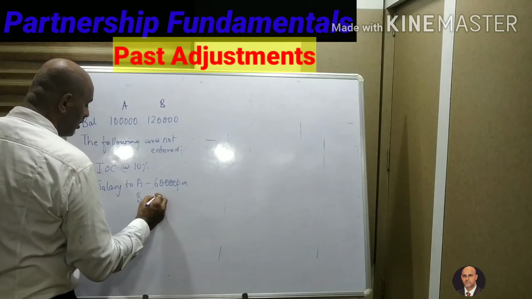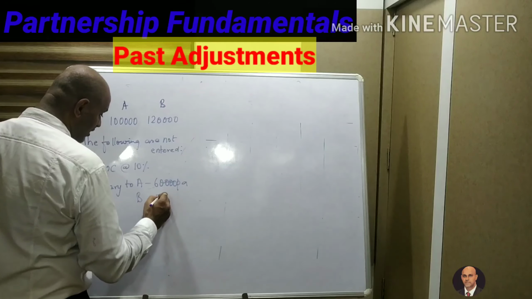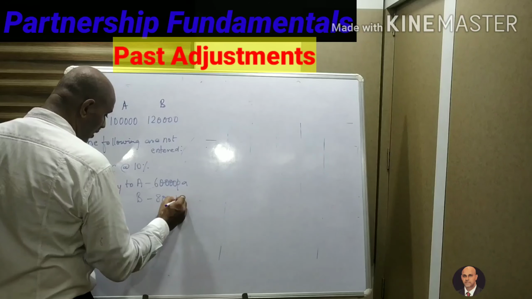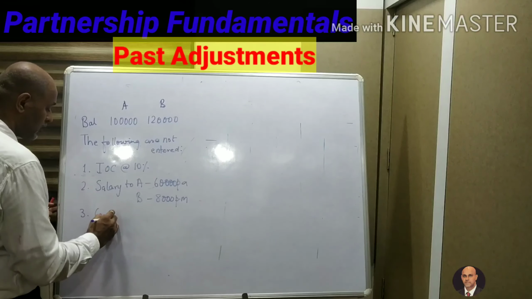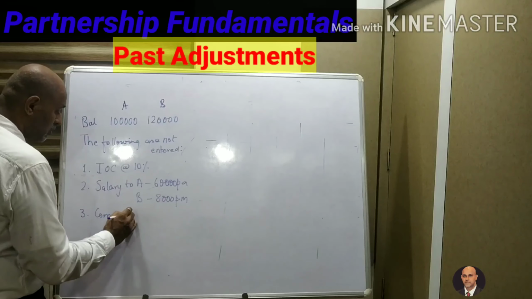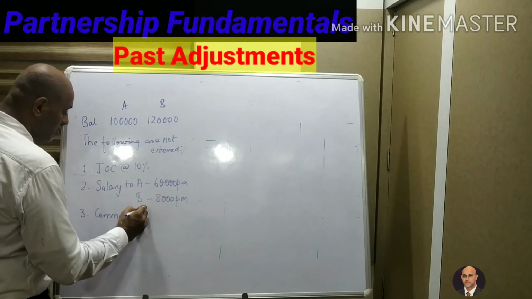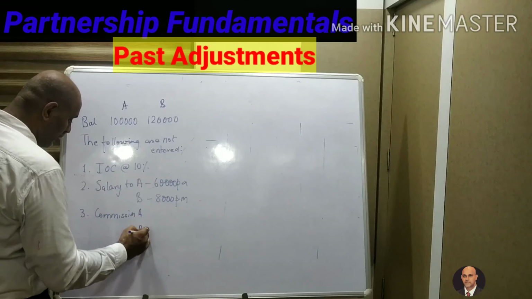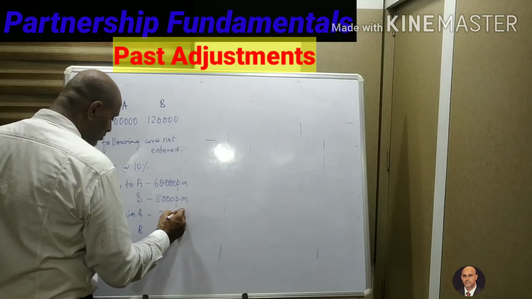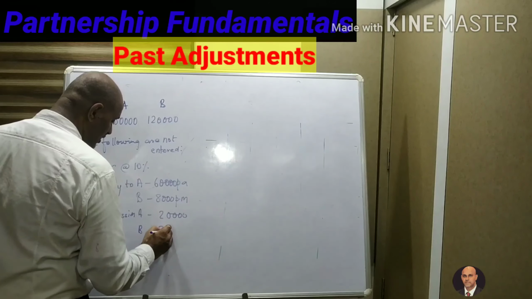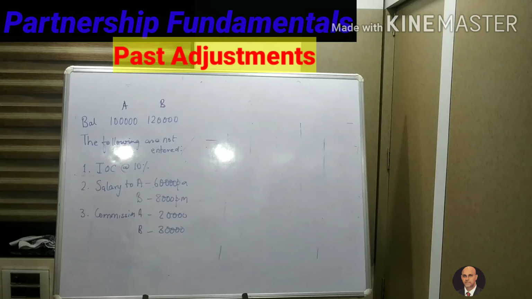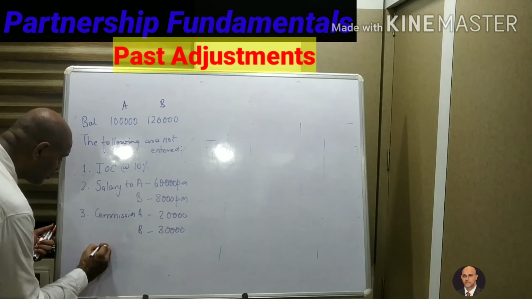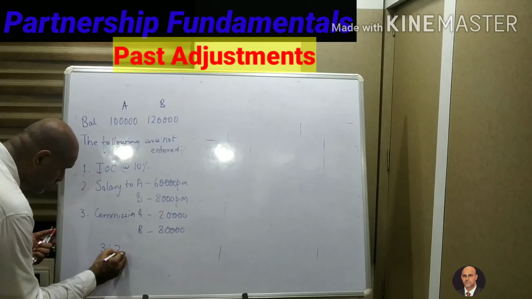Salary to B rupees 8,000 per month. Third, commission to A 20,000, commission to B 30,000 rupees. All this was omitted to be entered, and the profit sharing ratio is 3:2.